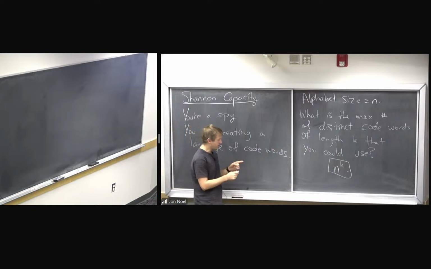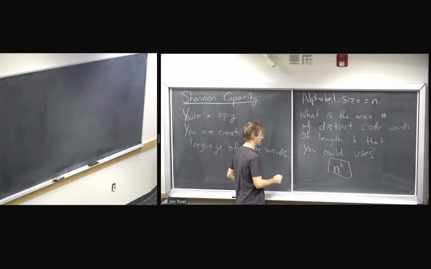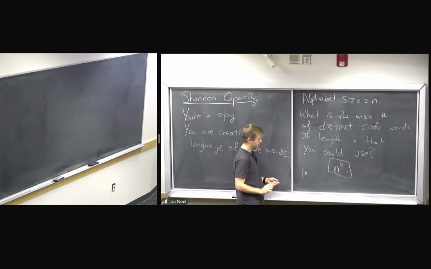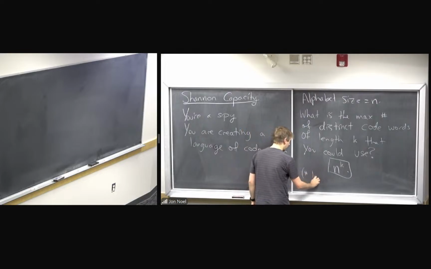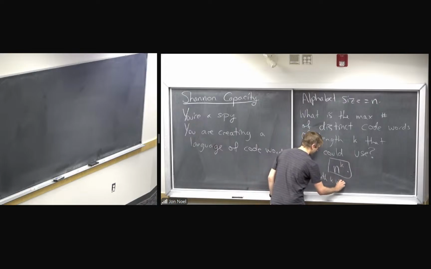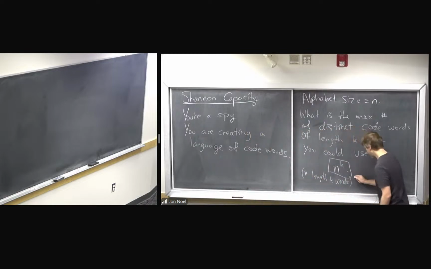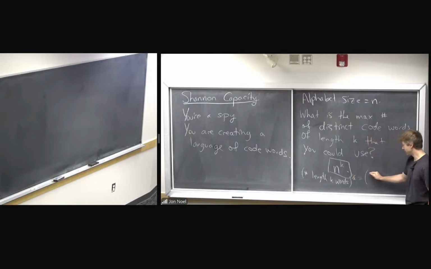One thing I want to highlight here, because it's going to be useful for intuition later: if I take the number of possible length k words and raise that to the power 1 over k, that's always equal to the number of letters.